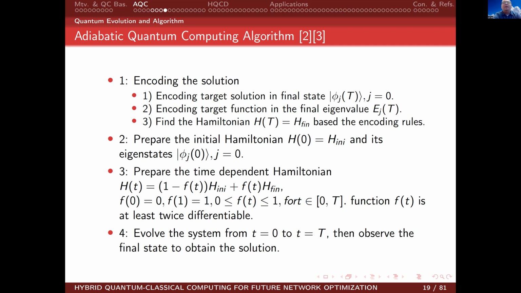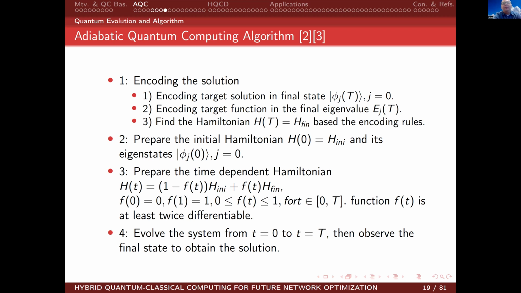So you can see there are two parts, right? For the final quantum dynamic system, you have the final state and the final eigenvalue. The final state can represent your target solution, and the final eigenvalue can represent your target function.